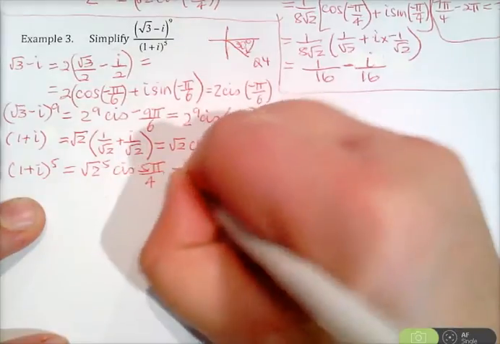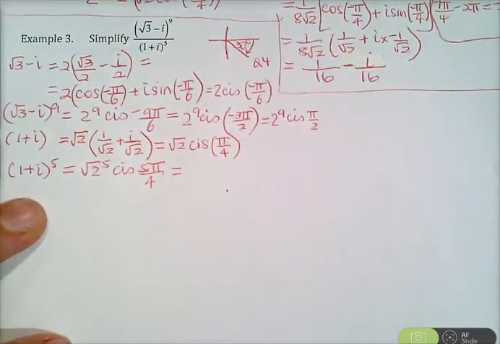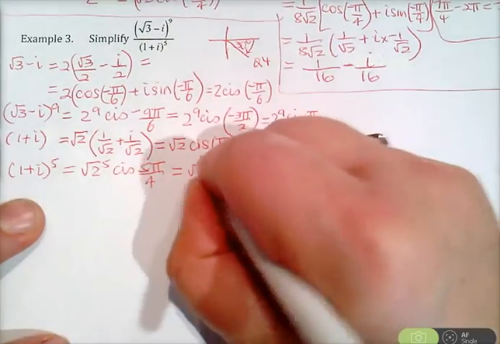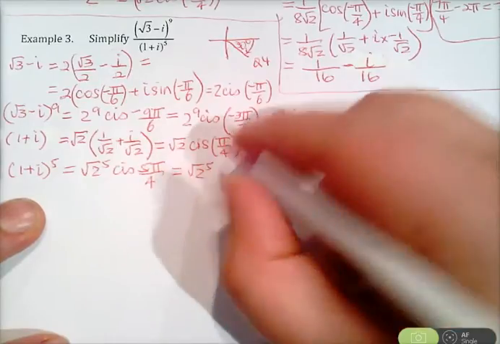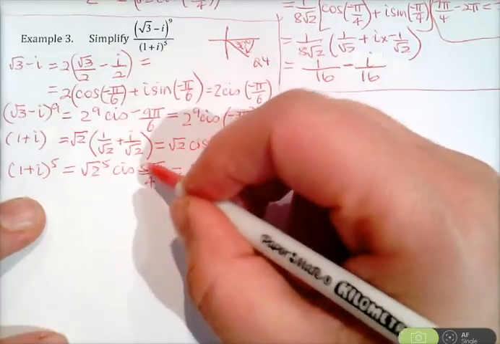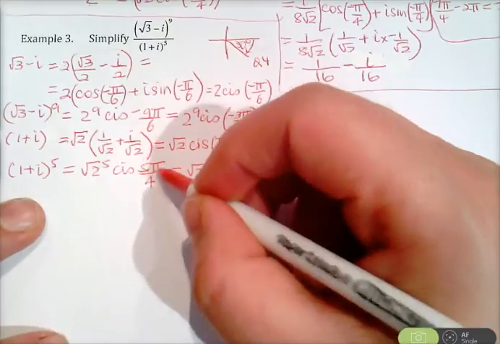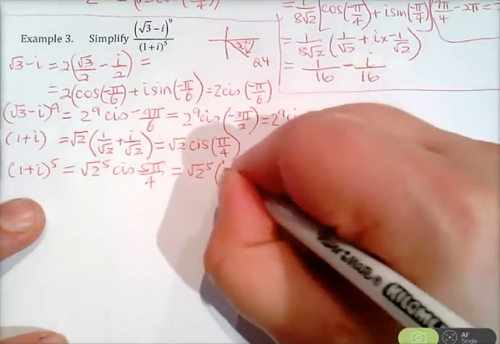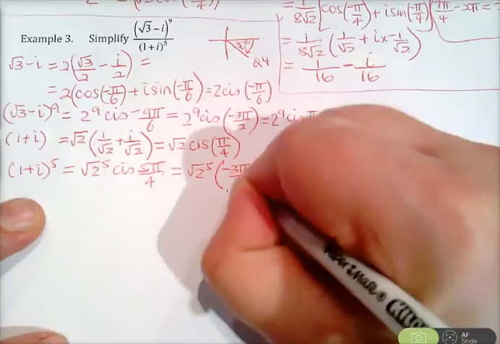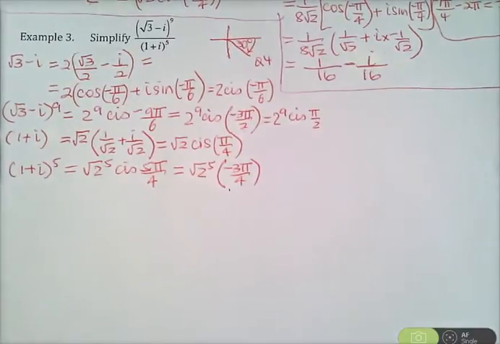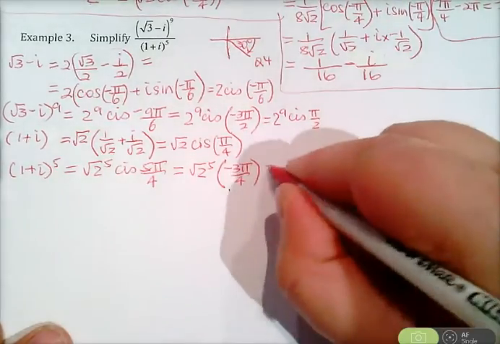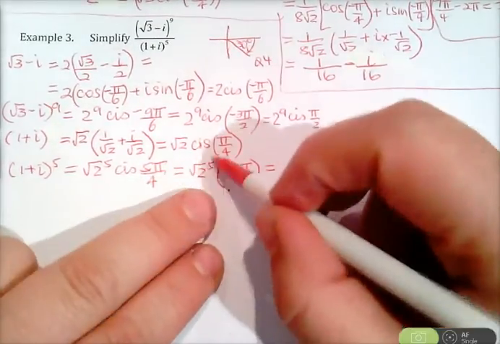Now 5 pi on 4 is beyond pi, so because it's bigger than pi, we'll subtract 2 pi. So we've got 1 and 1/4 pi minus 2 pi is minus 3/4 pi. So it's minus 3 pi on 4. Now root 2 to the power of 5: every root 2 to the power of 2 is 2.